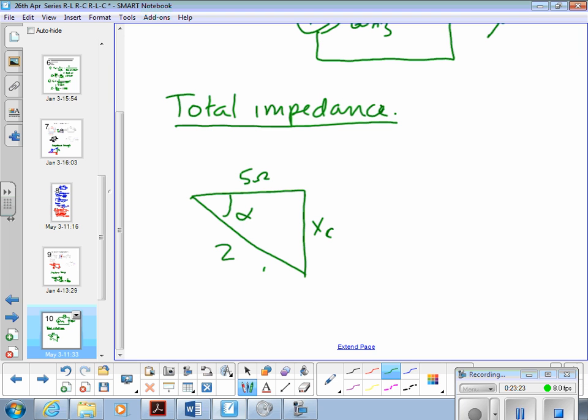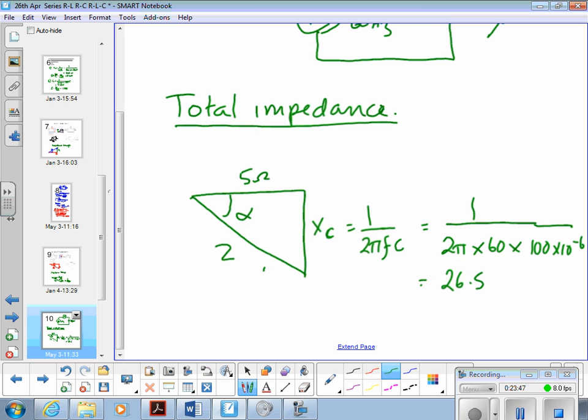XC is 1 over 2 pi fC, which is 1 over 2 pi times 60 times 100 times 10 to the minus 6, which is 26.5 ohms.